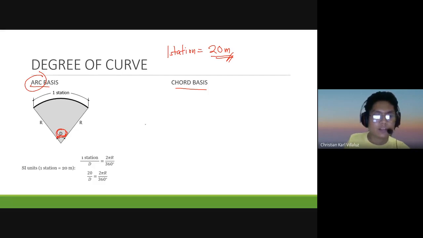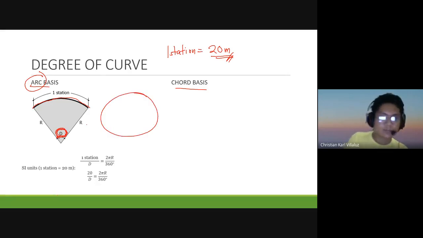We take the ratio of one station over the equivalent central angle, which is D, equals, ipo-proportion natin siya sa whole circle. Kung yung 20 meters mo o yung length ng one station mo along its length is this arc.